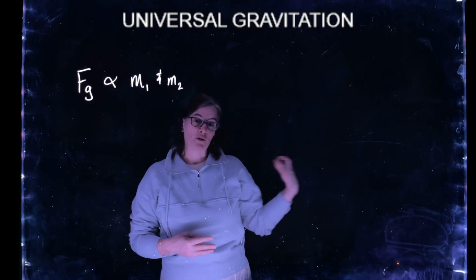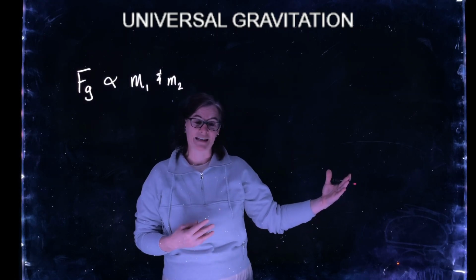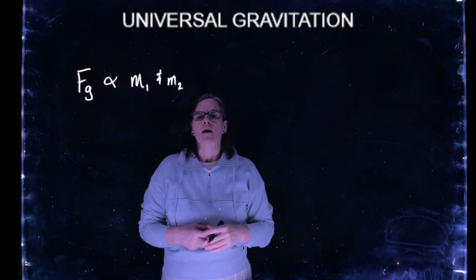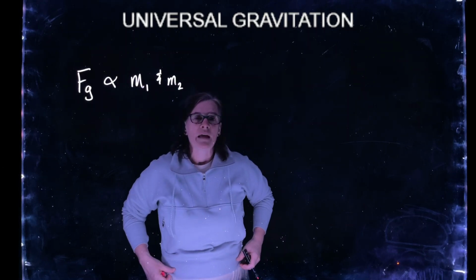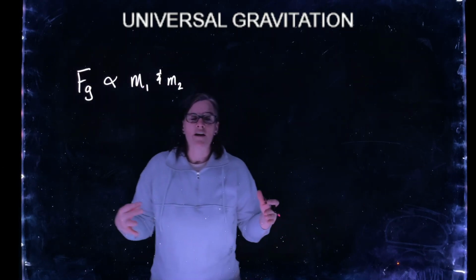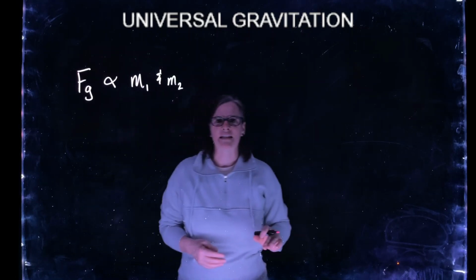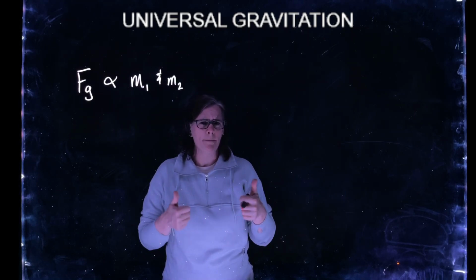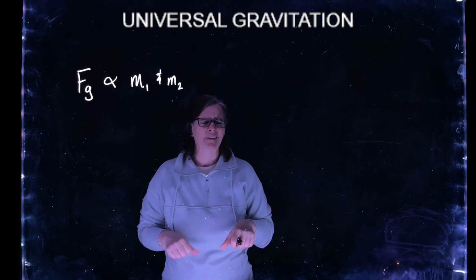So the mass of those two objects are certainly going to play a role. Much smaller force between two small masses, me and the person standing next to me, versus me and a very massive Earth mass. What else makes a difference? If I were to move further and further away from that person standing next to me, do you think the force between us, that attractive force, would go up or would go down? It would go down.